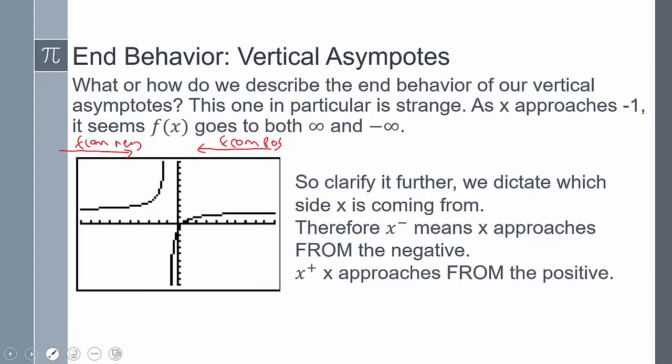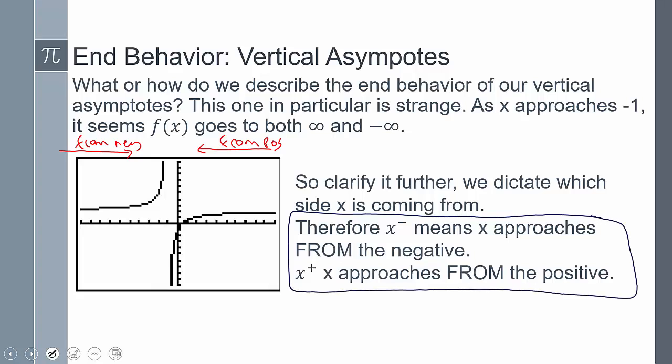Now, what's going on here? Because we have this value of -1, but it's going up in this direction and it's going down in that direction. So there's a special way for us to describe it. What we do is tell what side it's approaching from.